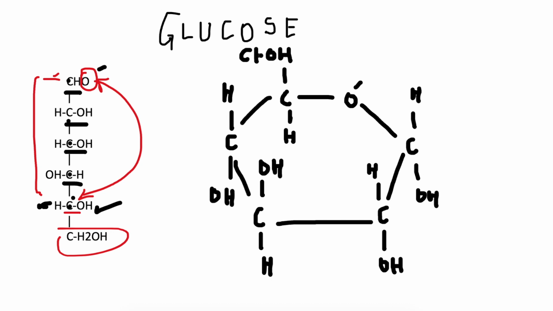But you have to remember that there is one carbon which is going to be out of the corners of this ring. This last thing is important. So this CH2OH is basically here. This is going to be out of the ring.